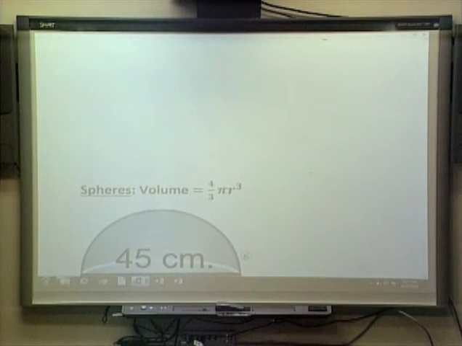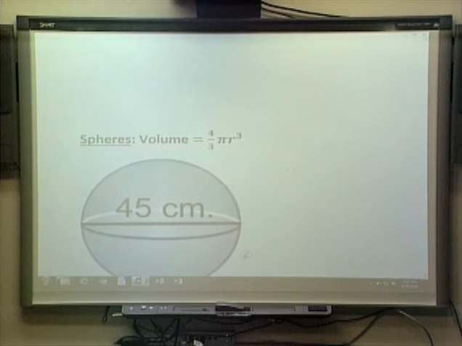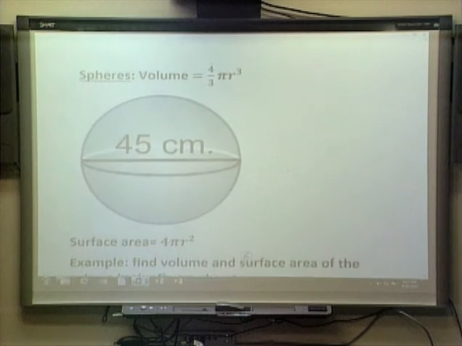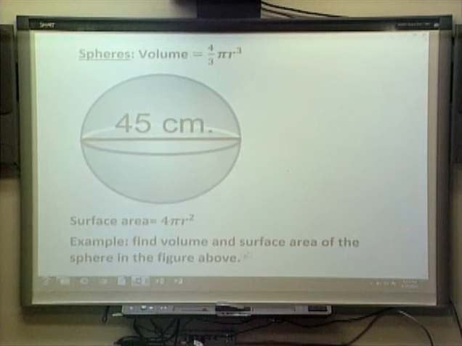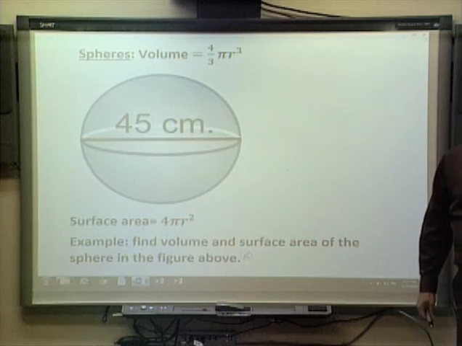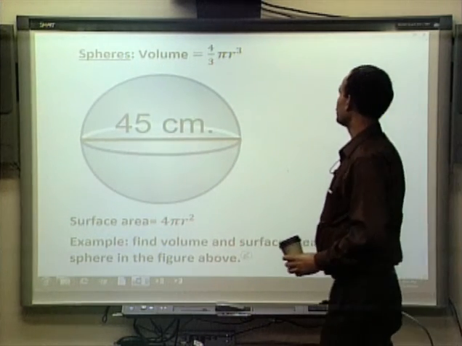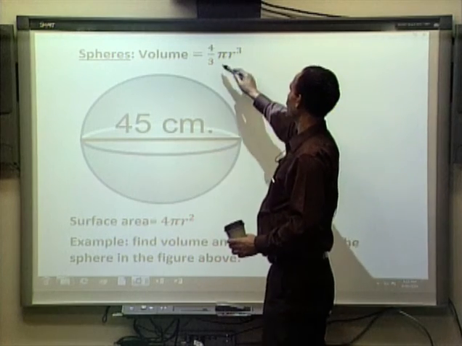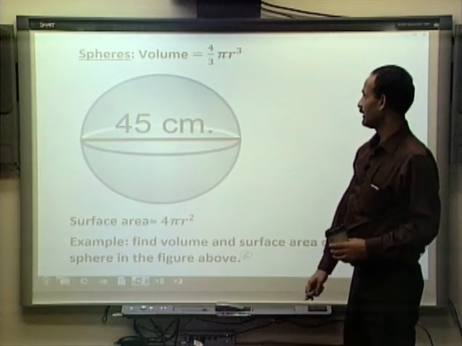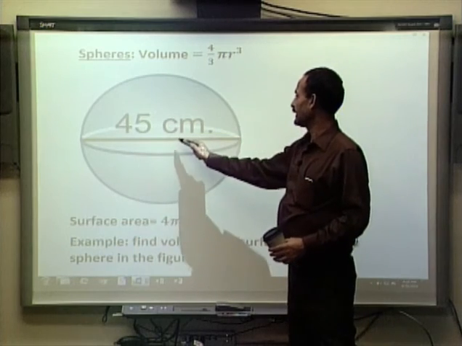The next solid we want to discuss is spheres. The volume of a sphere is given by 4/3 pi r to the third, 4/3 pi r cube. r is basically the radius.